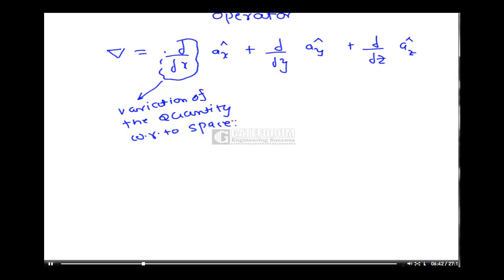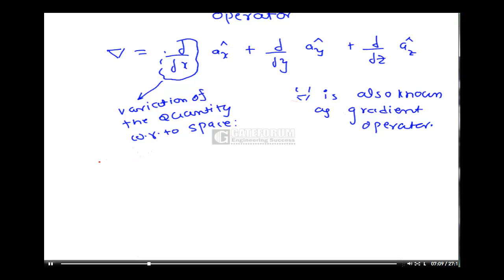This del operator is also known as the gradient operator. Generally, this del operator is used to operate on scalar quantities.